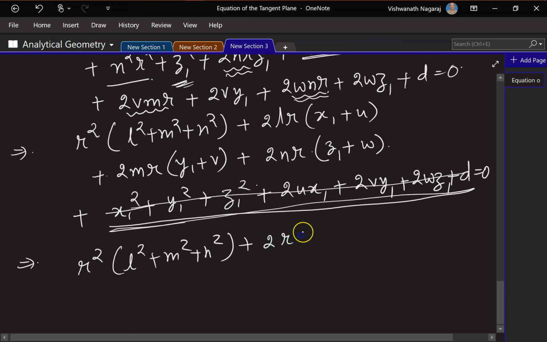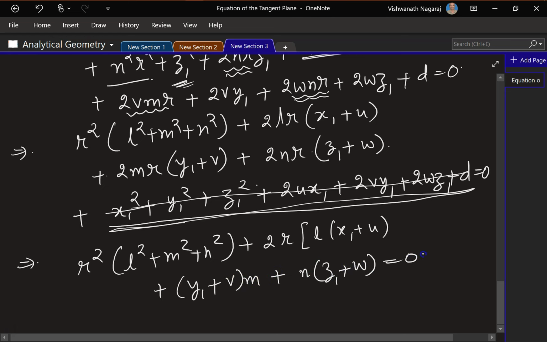So 2R, R is common to all the three. So 2R [L(x1 plus u) plus M(y1 plus v) plus N(z1 plus w)] is equal to 0.